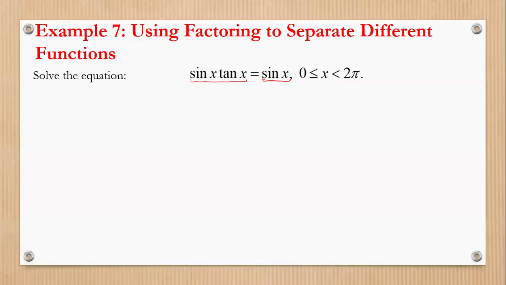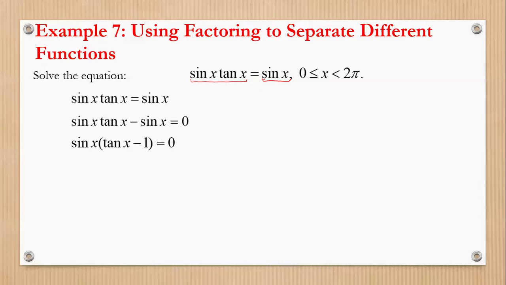So what do we do? We move everything to one side and let the other side be 0. To move everything to one side, we need to subtract sine x from both sides. And when we subtract sine x from both sides and factor out the sine x, we get this equation.